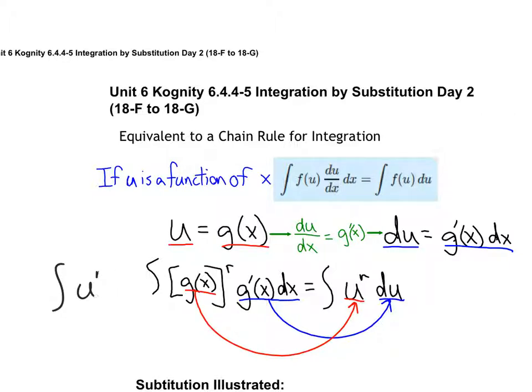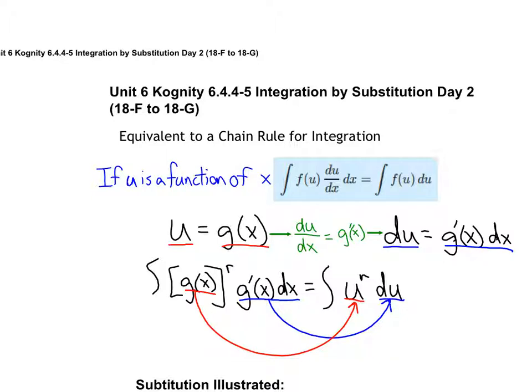Why are we raising the power of it? That's just a function. I'm giving you a function here. Oh, okay. If I have something in this format here, where I have an inner function raised to a power times its derivative, all inside the integral, I can rewrite this as the integral of u to the r du.